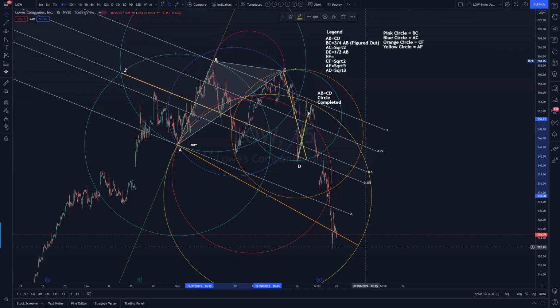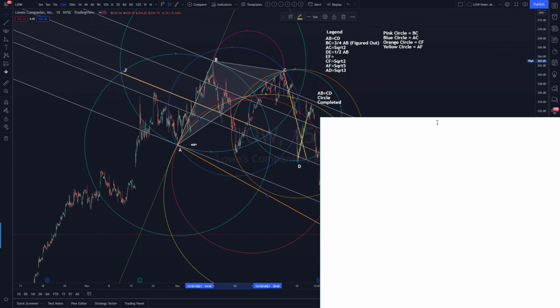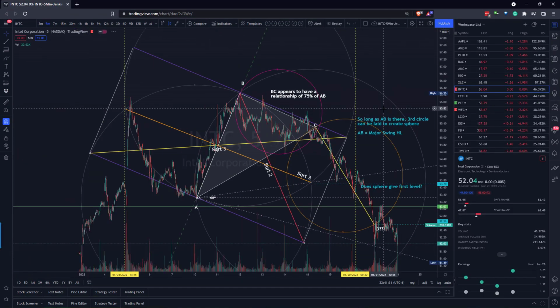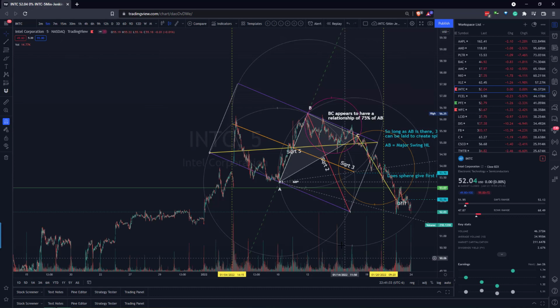The other thing I was looking at, and I put it on the other chart, was that so long as you have A and B, you should be able to lay a third circle to create a spherical triangle, and that third circle should help point to an intersection where price should go. Let's go look at Intel right quick. If you look at Intel, I have 3 circles.